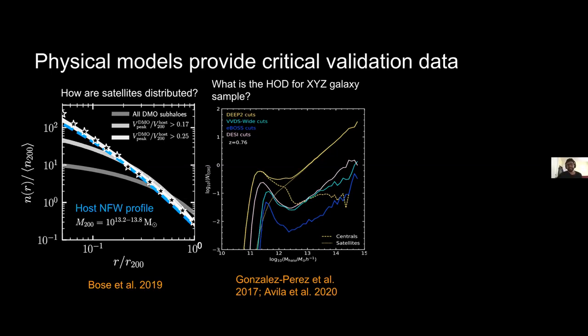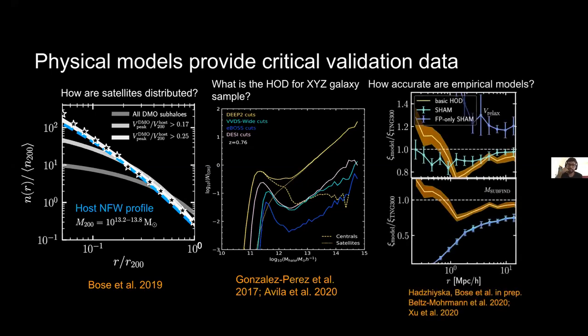So this is work done by Gonzalez Perez et al., who used the Durham semianalytic model GALFORM to identify [OII] emitting galaxies under various choices of the color and magnitude cuts that would be applied in eBOSS or in DESI, and the resulting HODs are shown in these curves, which look quite different and non-trivial to model if one were to just use the simple 5-parameter models that are on the market.